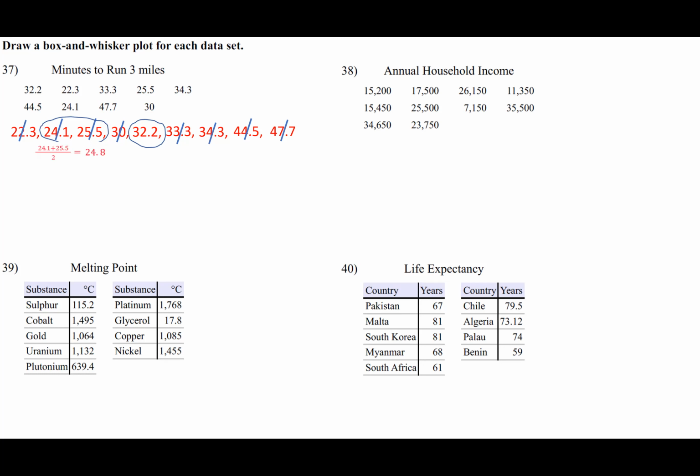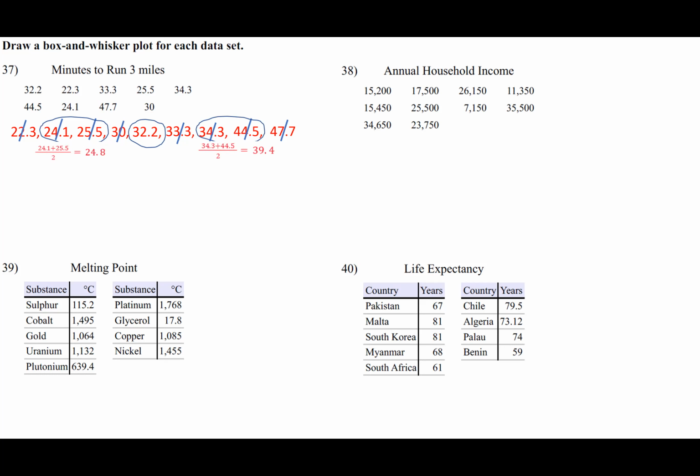In this case, my lower quartile is 24.8. On the upper half, I'm going to find my upper quartile. The center of my upper half is in between the numbers 34.3 and 44.5. For me to find what's in the middle, I add my numbers and divide by 2, and I get 39.4. All right, so I have a lower quartile, upper quartile, and I have the median in the center.